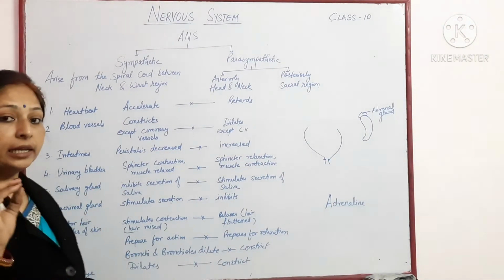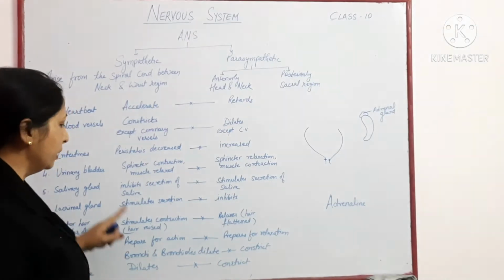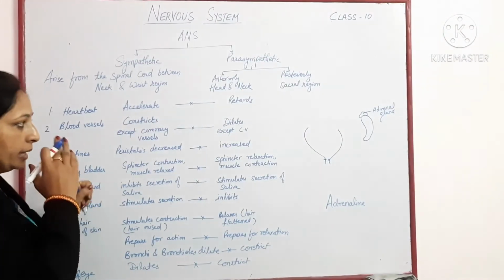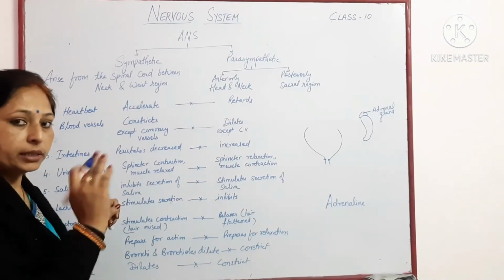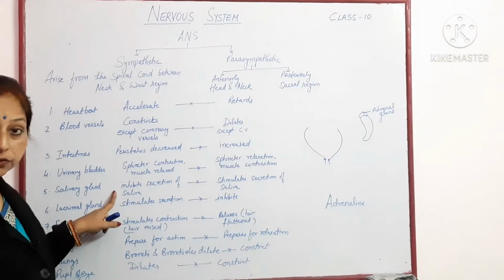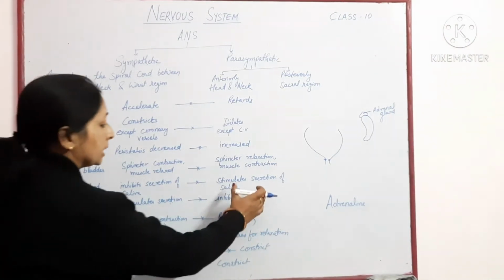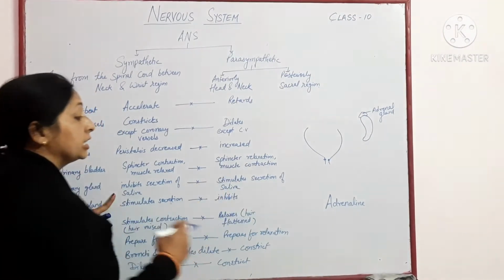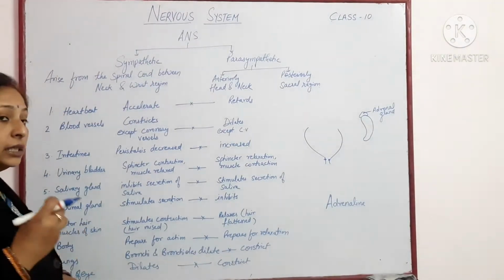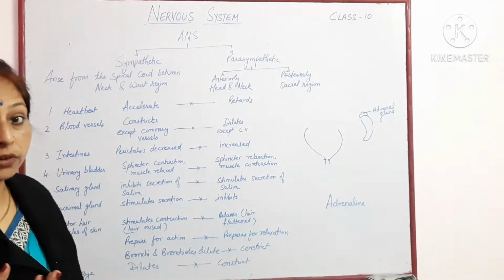Salivary gland: the sympathetic inhibits secretion of saliva, and the parasympathetic is just the opposite of this; it stimulates secretion of saliva. Lacrimal gland: the sympathetic stimulates secretion of tears.